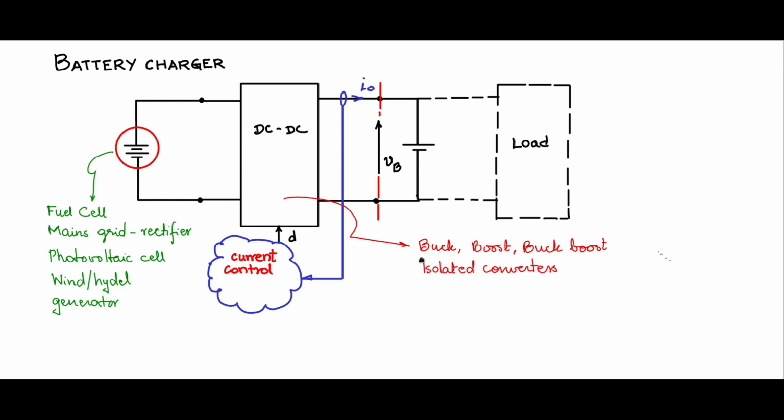I will initially explain with the buck converter using, let us say, photovoltaic cell input as the source here, being one of the most popular and growing application areas. You can use it with either the boost or the buck boost or any other converter also. So let us discuss the DC-DC converter operation with current control, controlling the inductor current.